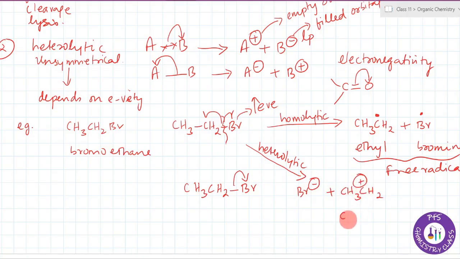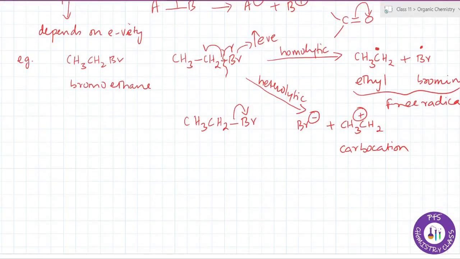We call this a carbocation, in this case the ethyl carbocation. Bromide ion and ethyl carbocation are formed if it is a heterolytic cleavage.